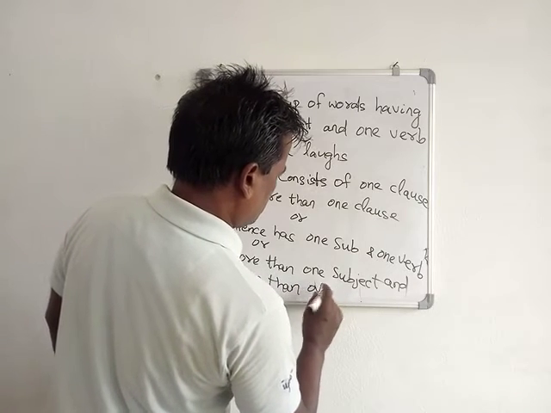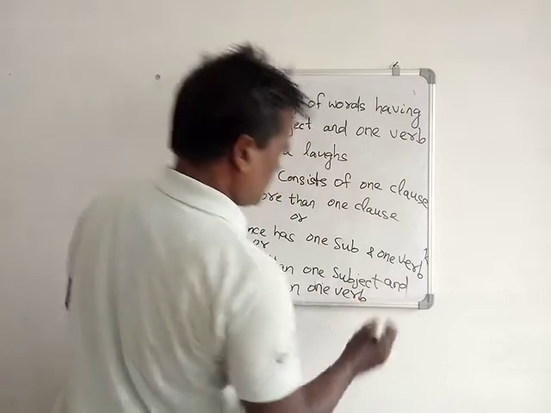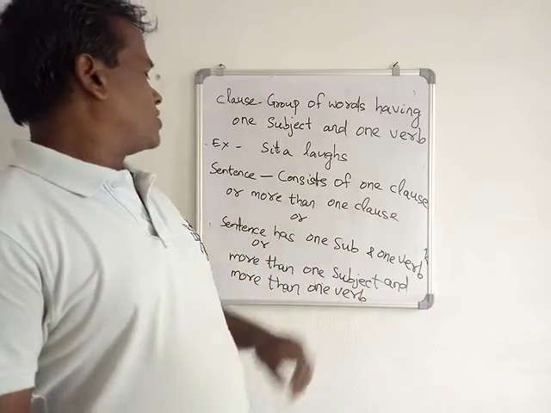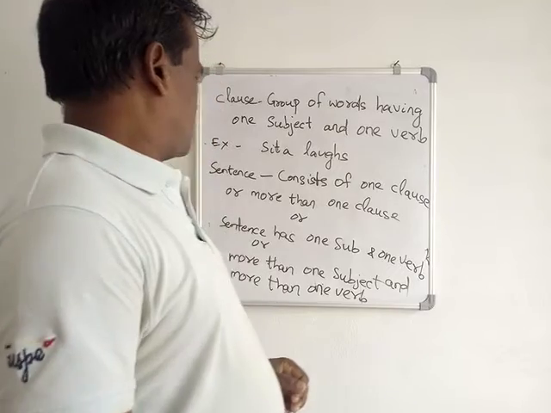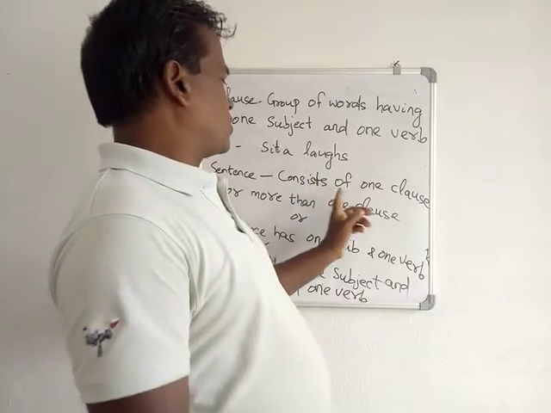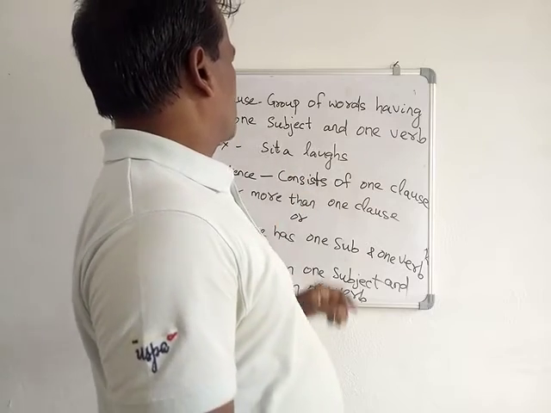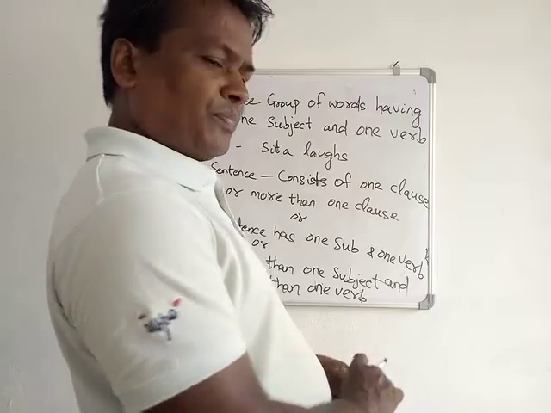If there is one subject and one verb, it is a clause and it is also a sentence, because a sentence consists of one clause.